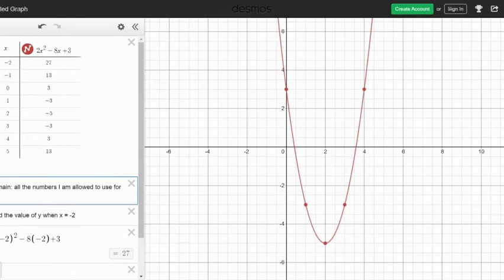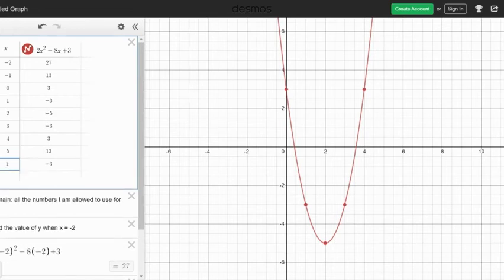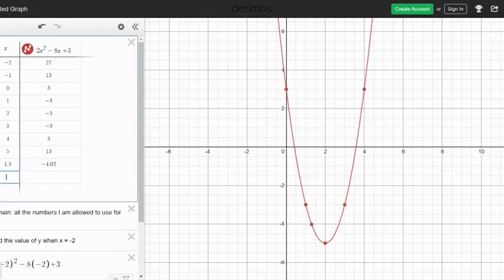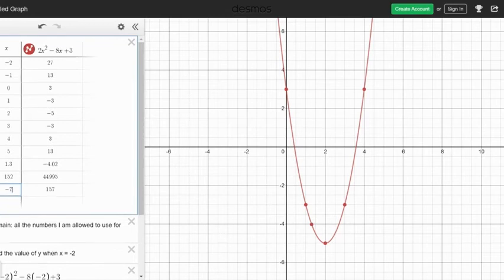If you take a look at it, I could pick any number I want and add it to my table. So I could add 1.3 and I get an answer. I could add 152 and I get a really huge answer. I'm not going to want to graph it, but there is a point there. I could do -73. So the idea in domain is that I can plug anything I want in for x. So my domain is all real numbers.